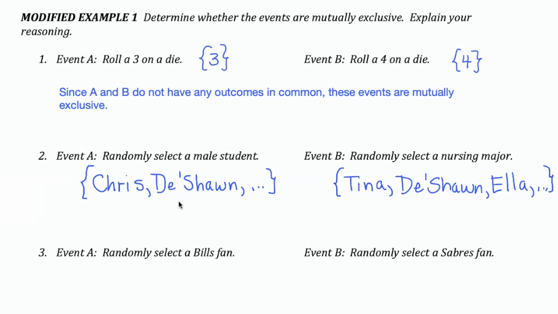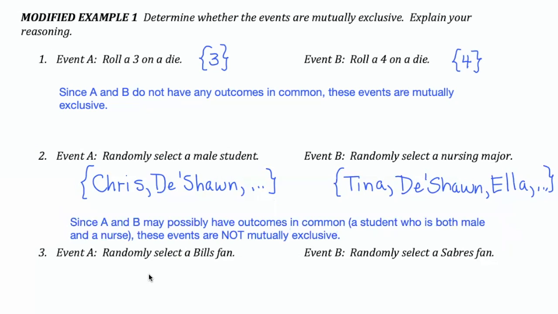So, is it possible for a student in my class to be both a male student and a nursing major? It is. So, because that is a possibility, event A and event B can, in fact, have outcomes in common. So, these events are not mutually exclusive.